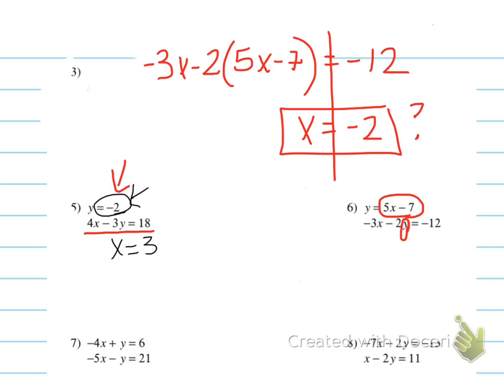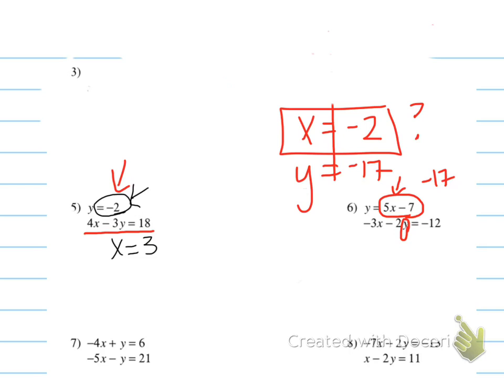If I plugged negative 2 in here, I would get 5 times negative 2, which is negative 10. That would give me negative 17 for y. Is that correct is the big question. Well, let's do a quick evaluation step. If I copied this problem up here, all right, let me just erase.